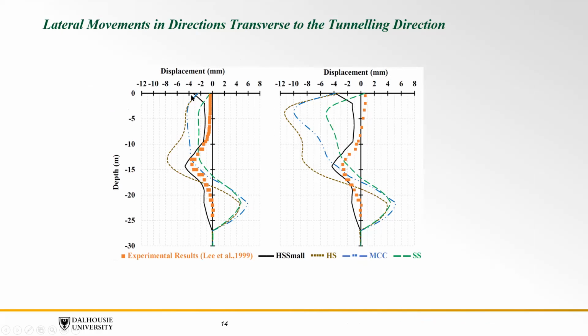By the way, here we are talking about 2 or 3 millimeters, so it's very, very precise. The difference here is less than 1 millimeter or so. Okay, so the prediction is great.